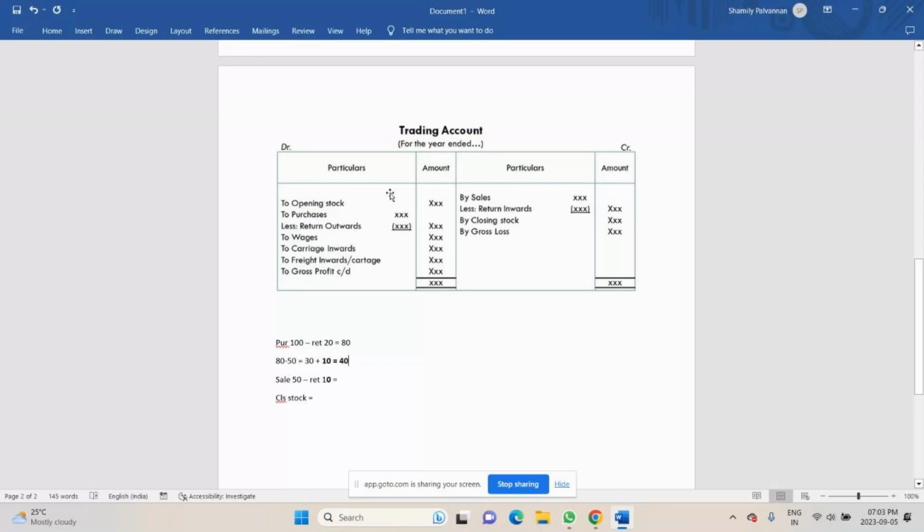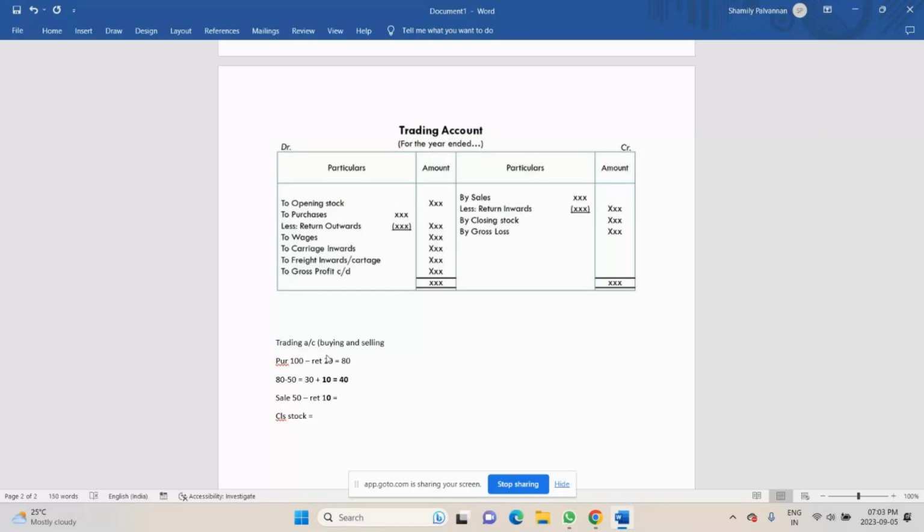Now what about all the other options, wages, carriage inward? When we talk about trading, the trading account will only include the trading activities. Trading activities, that is your buying and selling, whether you buy and sell goods or services, anything related.